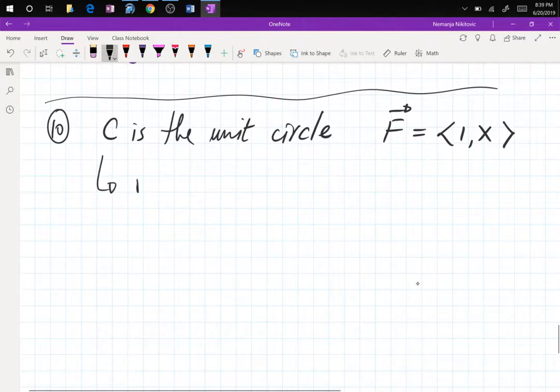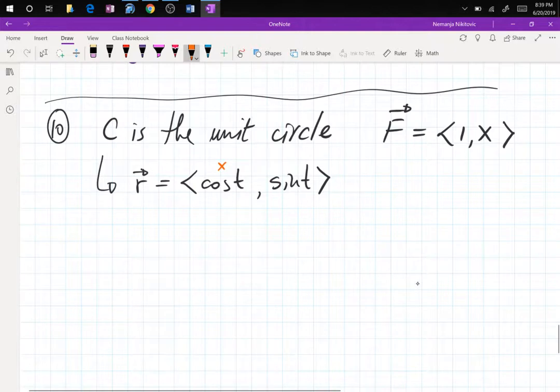Immediately we know R is cosine t, sine t. So that's what we have. Now those are your x and your y. Now for a vector field, these puppies are f and g.